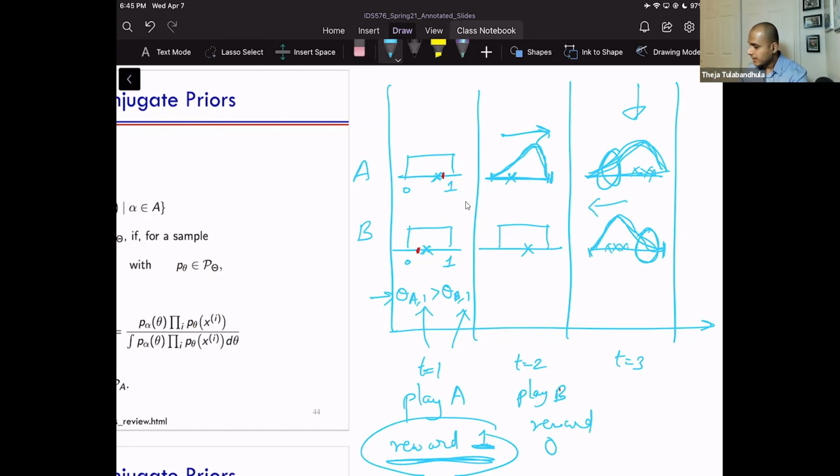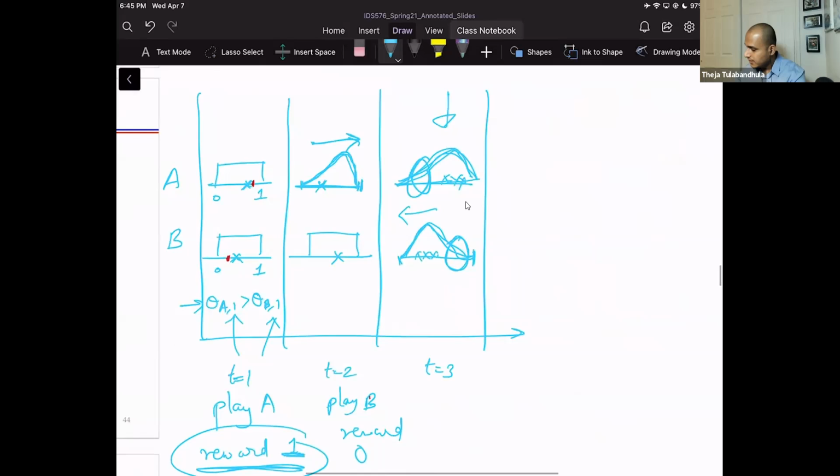Eventually, what you want is a distribution concentrated on the true values.